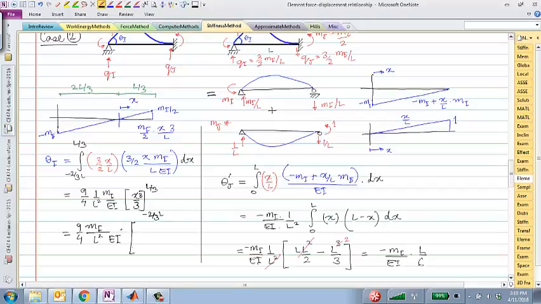In the brackets, I'll pull the 1 over 3 out as well. So in the brackets, I have only x cubed now. So I'll have L cubed divided by 27 minus of minus 8 L cubed divided by 27.